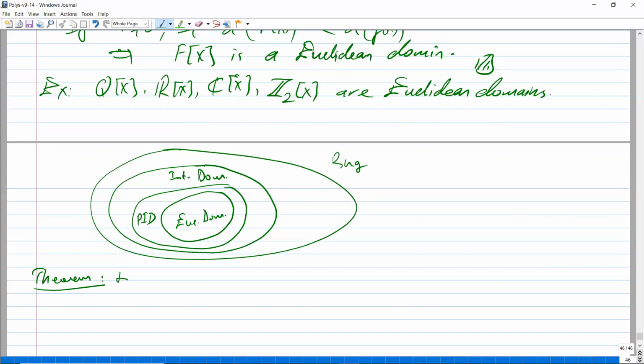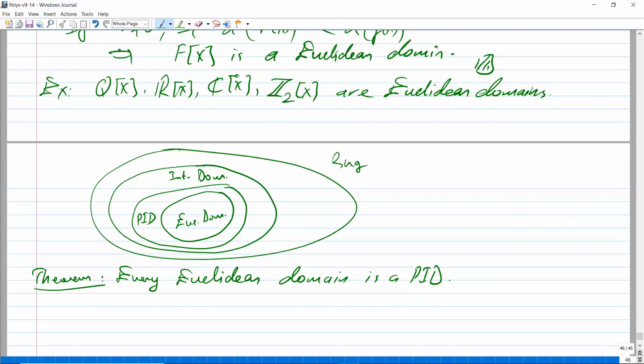Namely, here is the theorem. Every Euclidean domain is a PID, principal ideal domain. Okay, there's the proof.